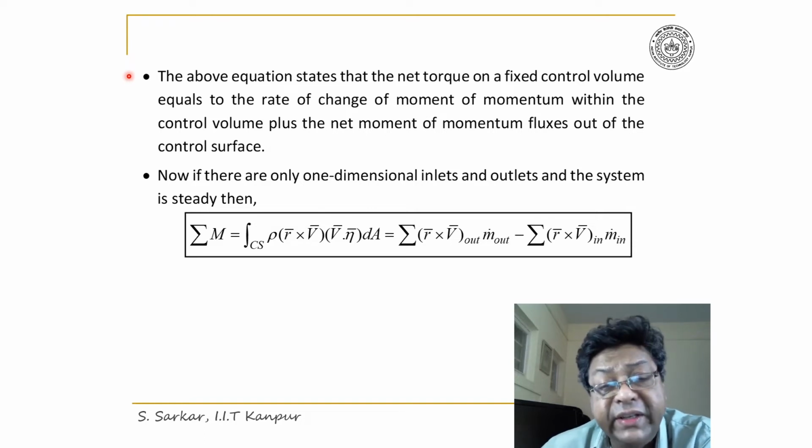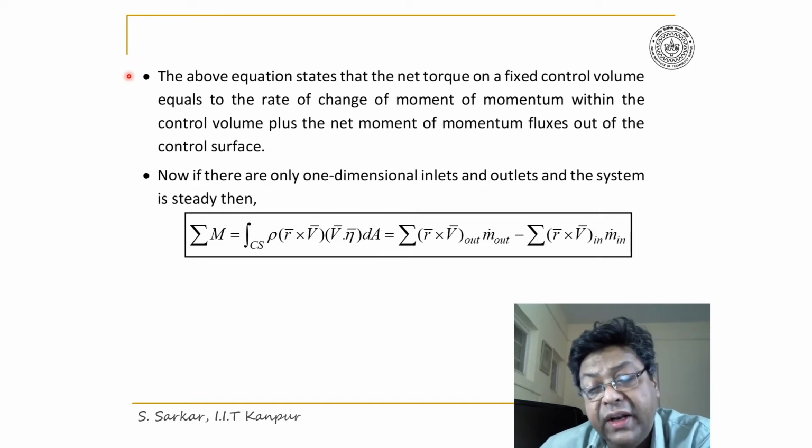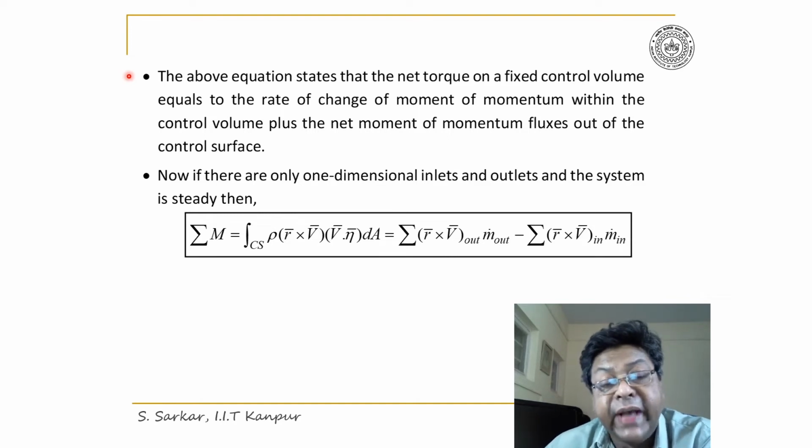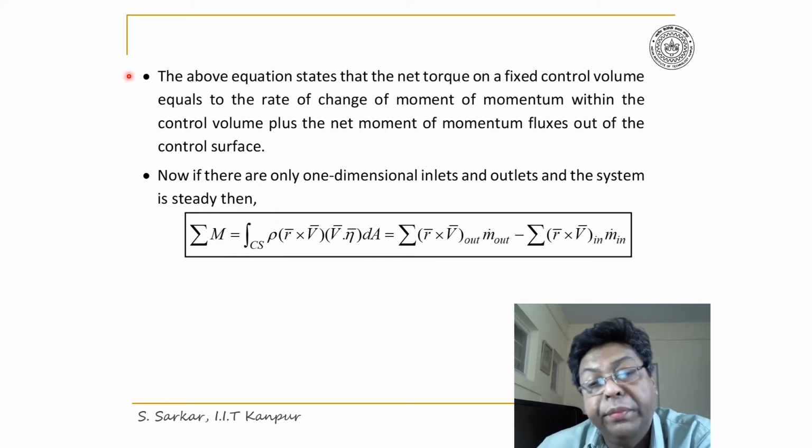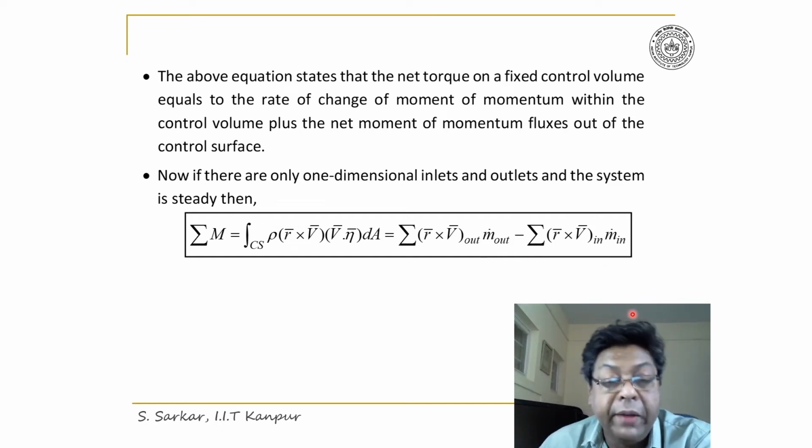Now, if we consider one-dimensional inlets and outlets and the system is steady, then torque is equal to the net momentum flux out of the control volume. That means this is equal to sigma r cross v out into m dot out minus sigma r cross v in into m dot in.